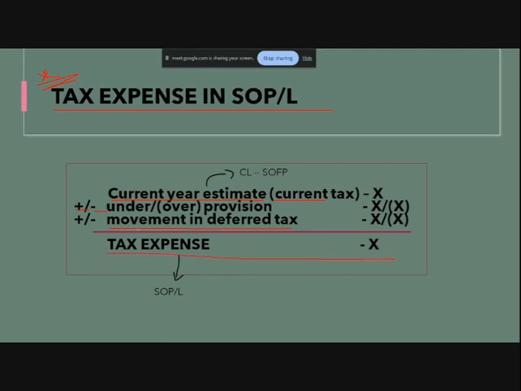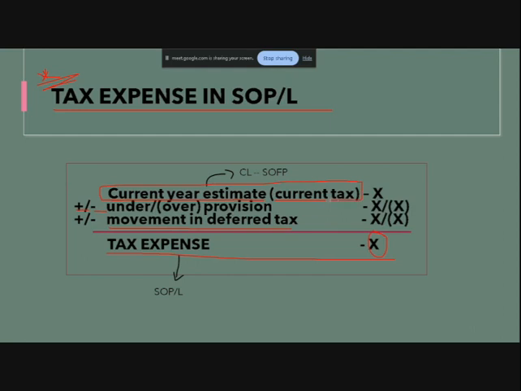This is the amount that will go to SOPL as tax expense. You will get a lot of questions on this, and I think almost in every question you will find the adjustment for tax. The amount that we should show in SOPL as tax is this amount after doing this equation. This current year estimate will be given in the question, don't worry.